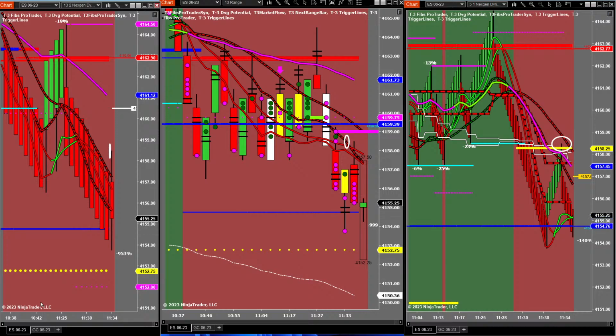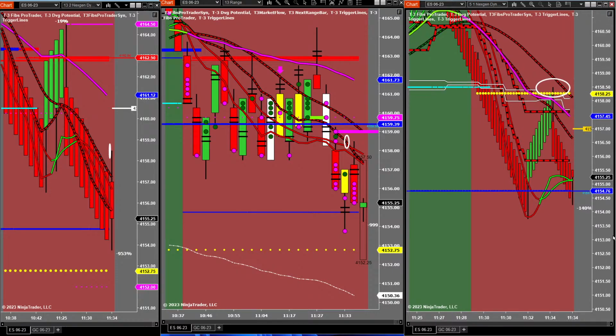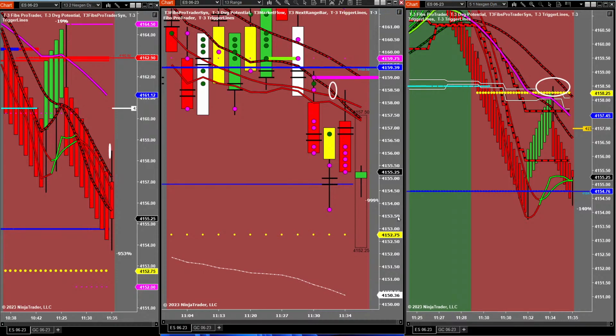Is the 13 chart helping? Again, this is why I superimpose my 13 range triggers on my 5-1 chart. I dig them. You don't have to. If you did a short, one more, you'll be okay.